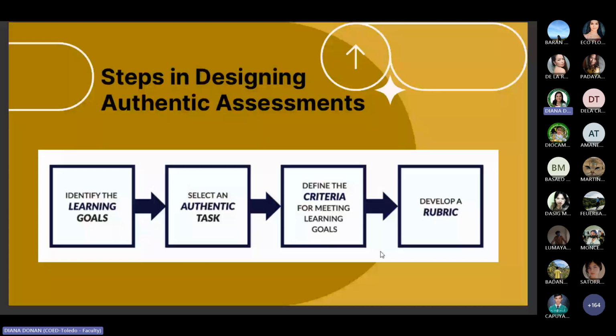Now, once you know what students need to learn, the next step is to select an authentic task. So this is a task that reflects real-world challenges or context. An authentic task asks students to apply their learning in practical or meaningful ways. So it goes beyond worksheets or multiple choice tests.